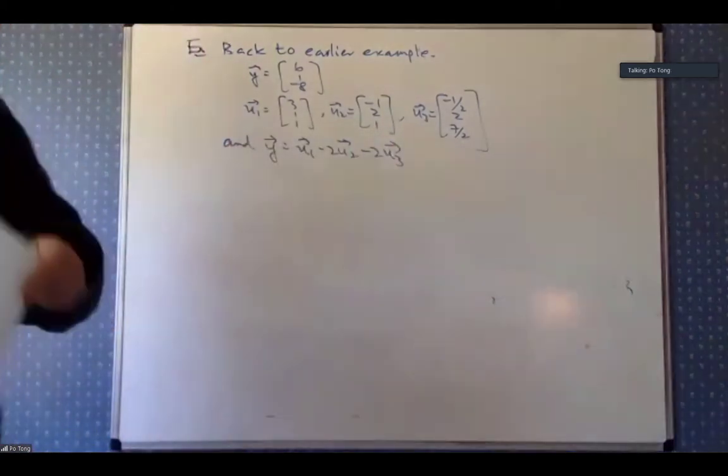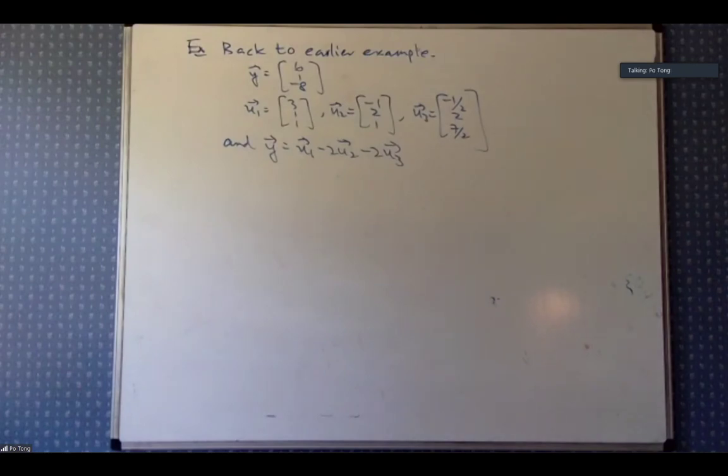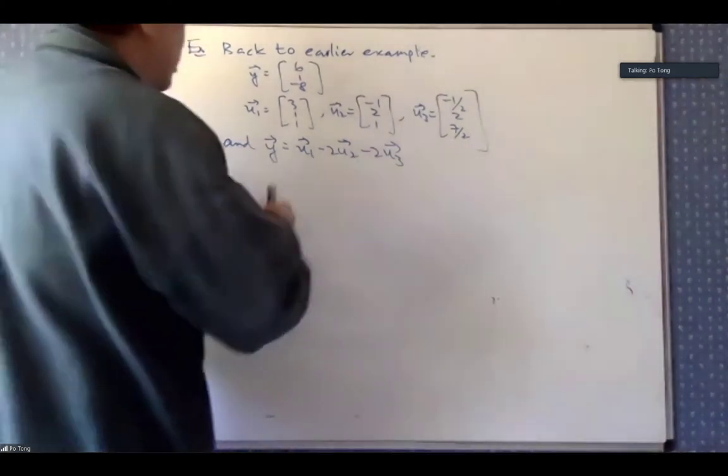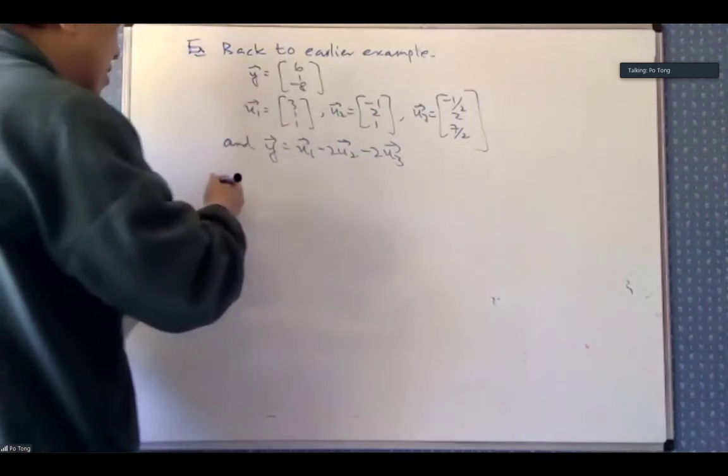You guys remember this example? Yes. Okay, so now you have u1, u2, u3, and these are all perpendicular.